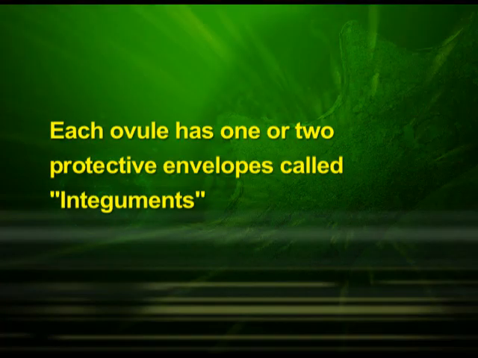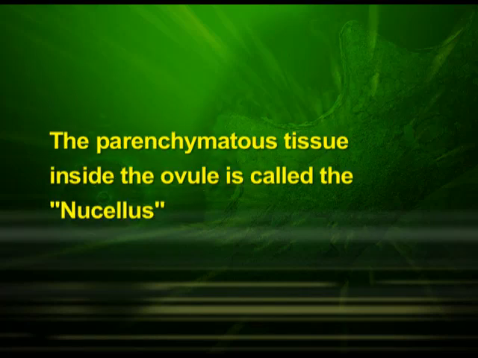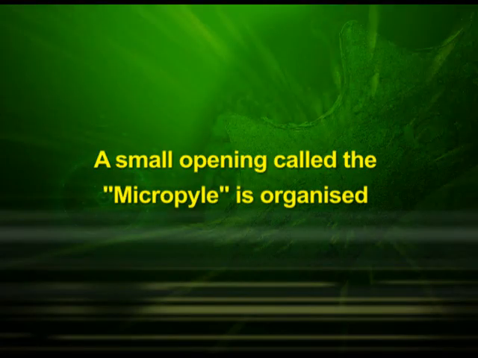Thus, hilum represents the junction between ovule and funicle. Each ovule has one or two protective envelopes called integuments. The parenchymatous tissue inside the ovule is called the nucellus. Integuments encircle the nucellus except at the tip where a small opening called the micropyle is organized.